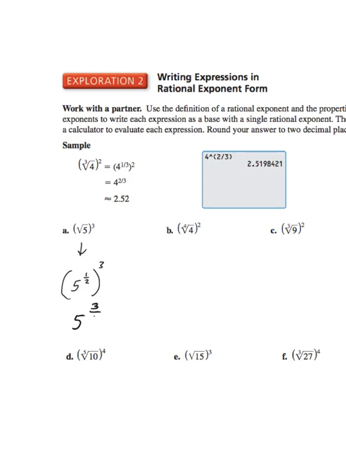Okay, so we have a new weird-looking expression here. We have 5 to the 3/2, which means what? The 2 means square root, and the 3 means to the 3rd power. So these are fractional exponents that you may have never seen before in your whole life.